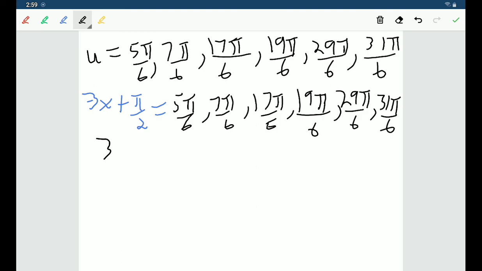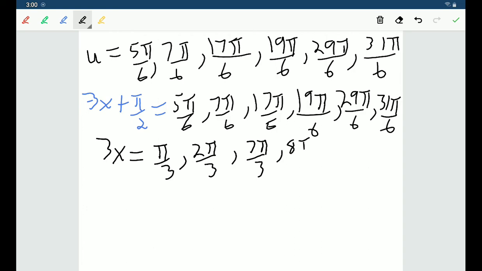So 3x should be equal to 5 pi over 6 when you subtract pi over 2. 5/6 minus 1/2 is a third, so we would get pi over 3. 7 pi over 6 minus pi over 2 is 2 pi over 3. 17 pi over 6 minus pi over 2 is 7 pi over 3. 19 pi over 6 minus pi over 2 is 8 pi over 3. 29 pi over 6 minus pi over 2 is 13 pi over 3.